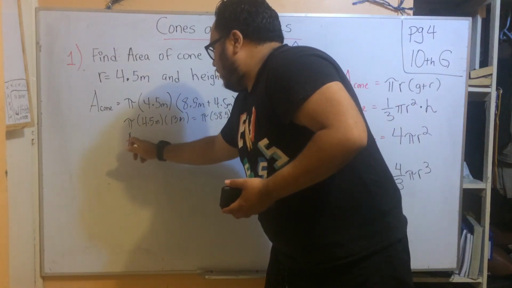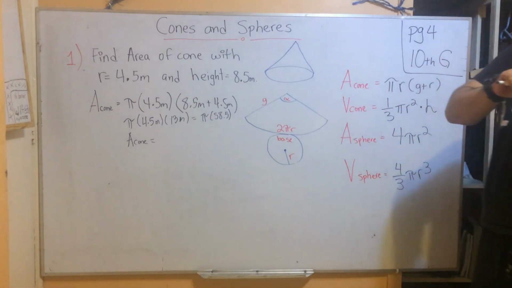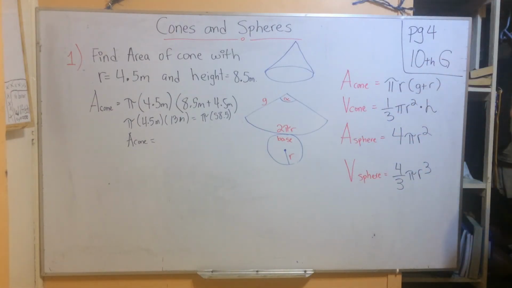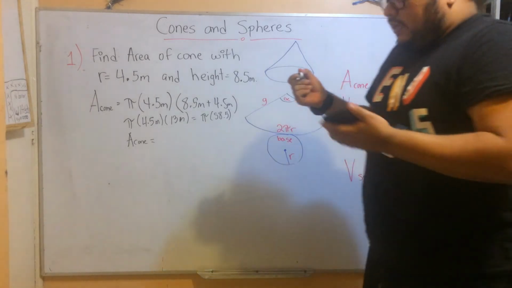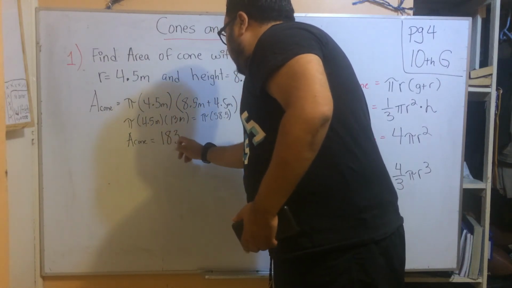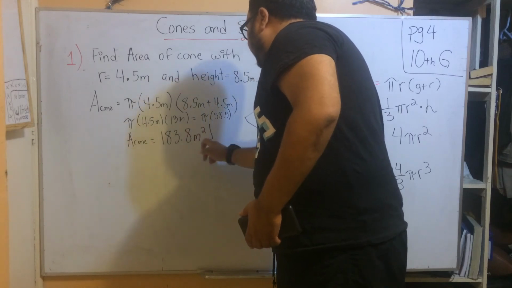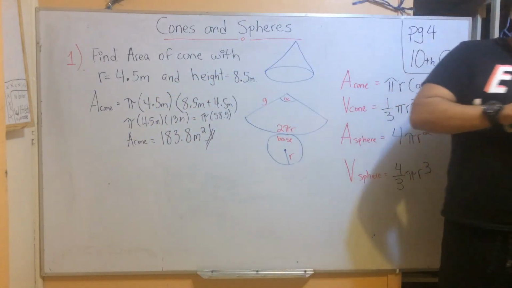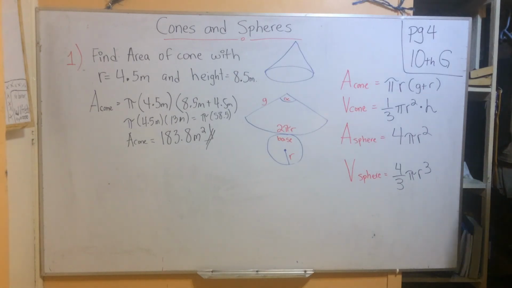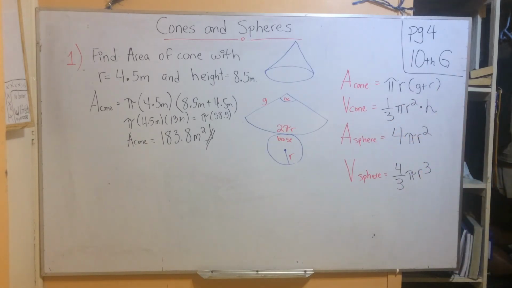We have that the area of the cone is equal to 183.78, which, let's round it up, 183.8 meters squared. And there we have the area of our cone. Here we're just substituting the values in the formula.